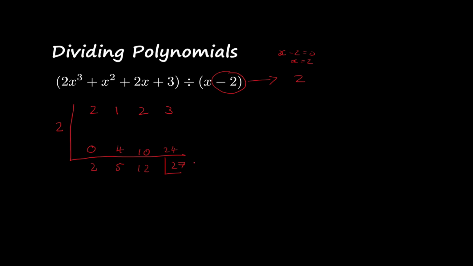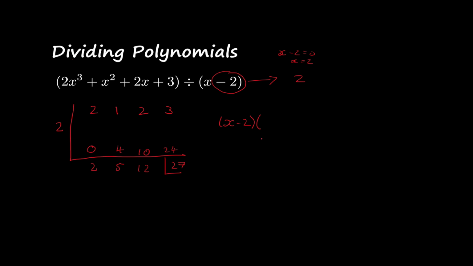27. So what we want to do now is write a new expression out with this information, okay? Basically we want to write out what the factors of this expression are. Well, not the factors, because we'll get onto that later, but we want to be able to write it out so that if you multiplied it backwards, you'd get the same answer. So you'd have x minus 2, right?